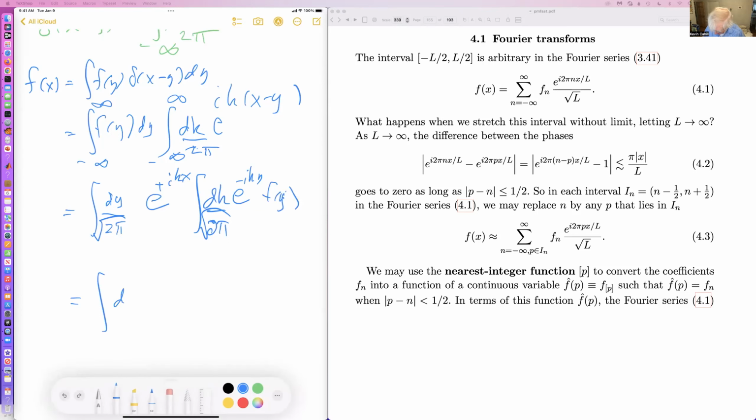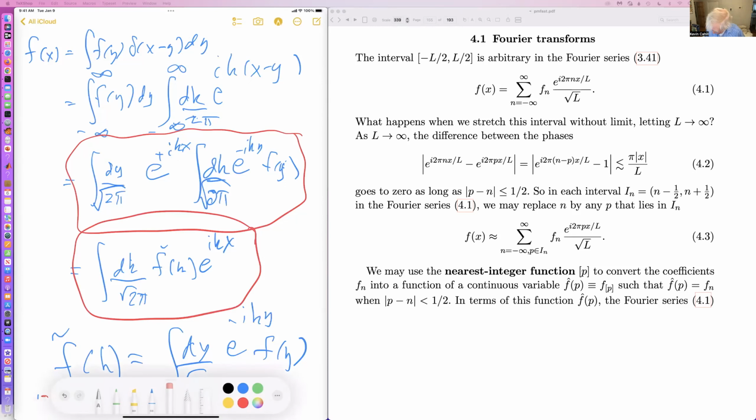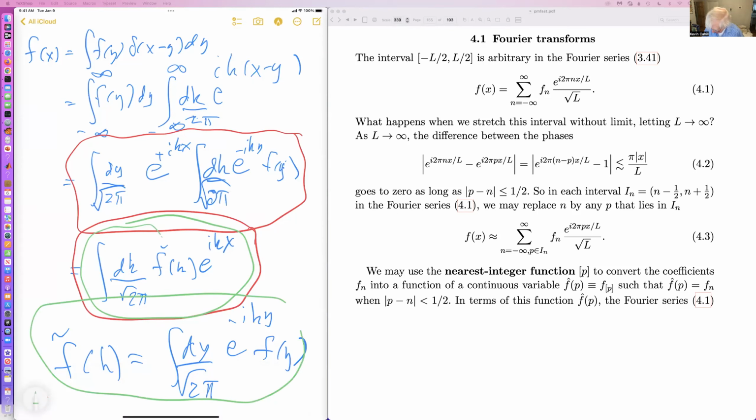So I've decomposed this thing into two factors, this and this factor, which is over here.